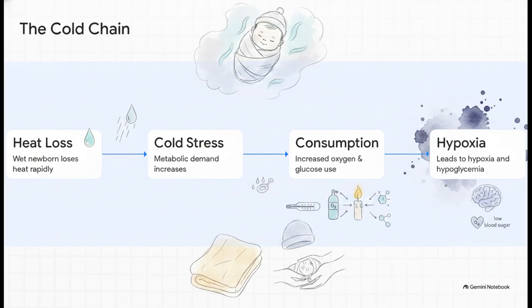That heat loss immediately triggers cold stress. Now, cold stress totally ramps up their metabolic demand. And what does that mean? It means the baby starts rapidly burning through whatever oxygen and glucose stores they have, just trying to stay warm. So what's the immediate threat here? Step 5, hypoxia and really dangerous hypoglycemia. This right here is exactly why we dry, warm, do skin to skin, and put a little hat on the baby. Cold literally equals low oxygen and low blood sugar.